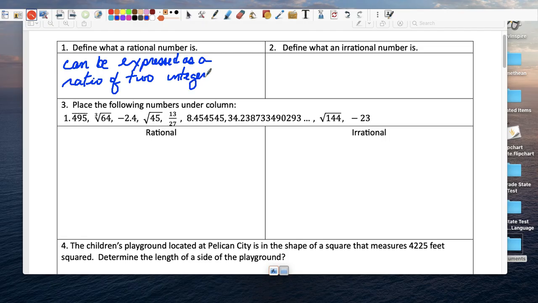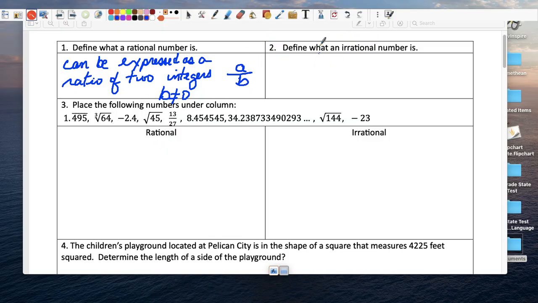In this format, for example, written like that, where b is not equal to 0. So I'm going to say b cannot be 0. As long as I can write it as a ratio of two integers, in the fraction format, and the denominator is not 0.